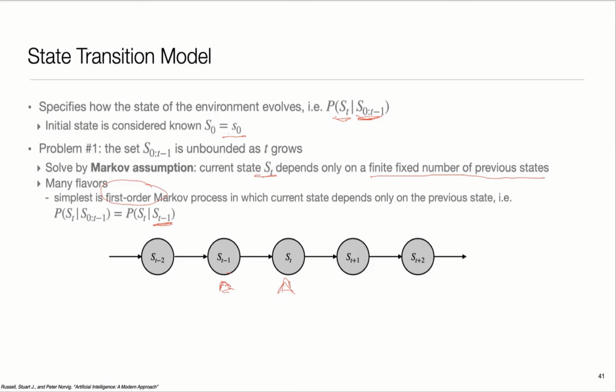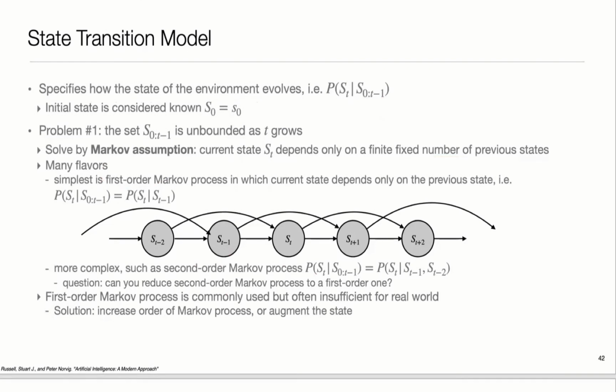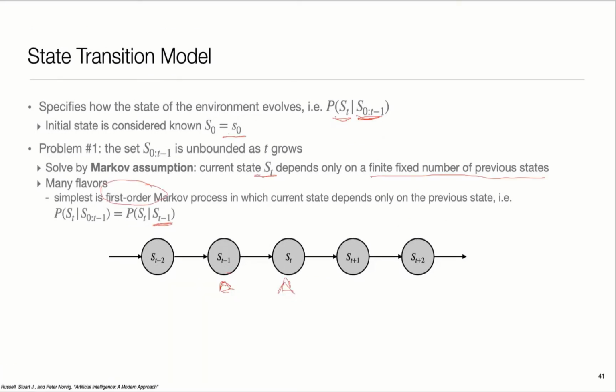Let me ask you the following: if I were to tell you that S of t depends upon 10 previous states, can you convert it into a first order Markov process? So let's say S of t depends on S of t minus 1, S of t minus 2, all the way to S of t minus 10.